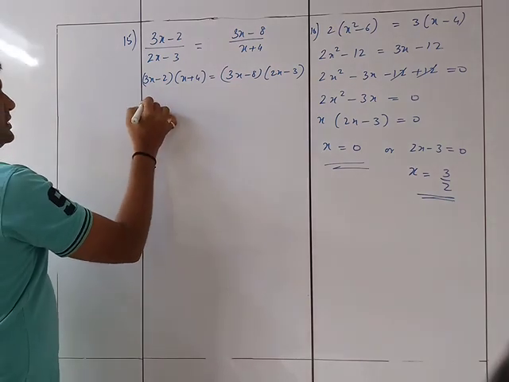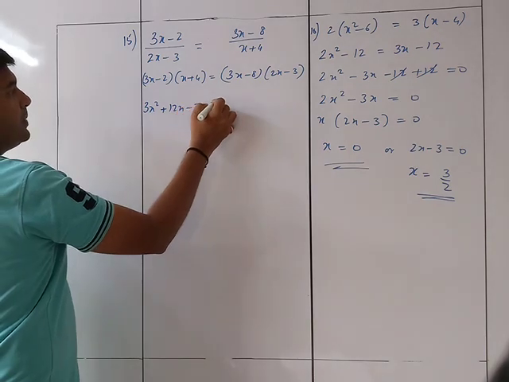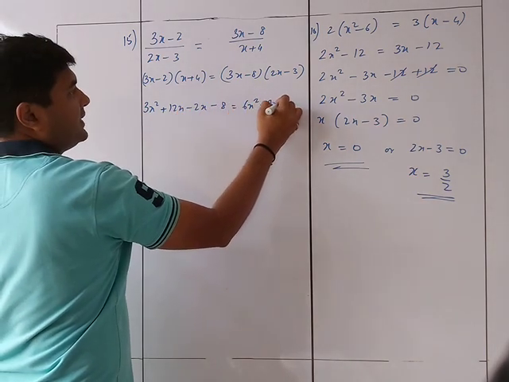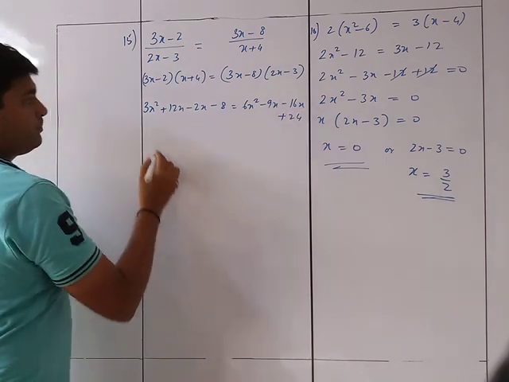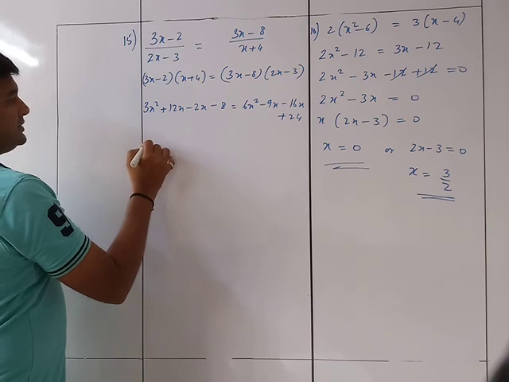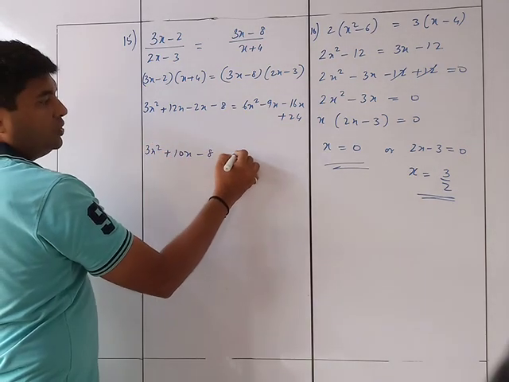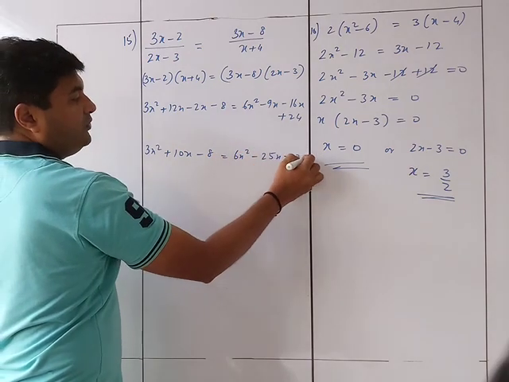Multiplying this, it will be 3x square plus 12x minus 2x minus 8 is equals to 6x square minus 9x minus 16x plus 24. This gives me 3x square plus 10x minus 8 is equals to 6x square minus 25x plus 24.